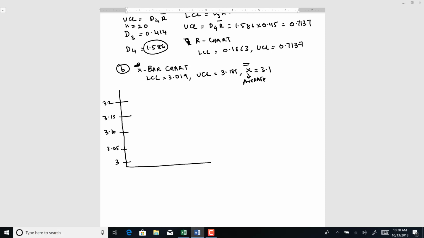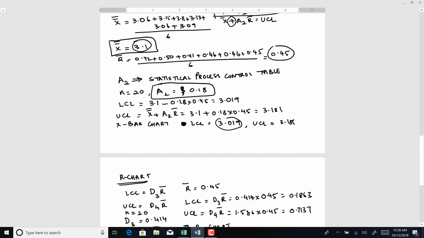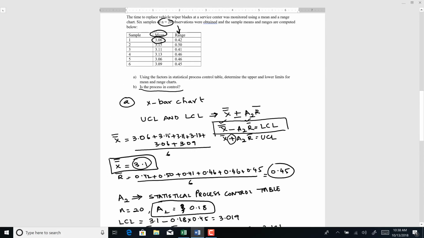So lower control limit is 3.019, so the line would be something like this. The x-axis is samples, 1, 2, 3, 4, 5, 6. I have 6 samples in the data set.